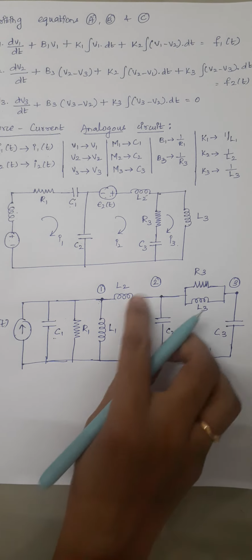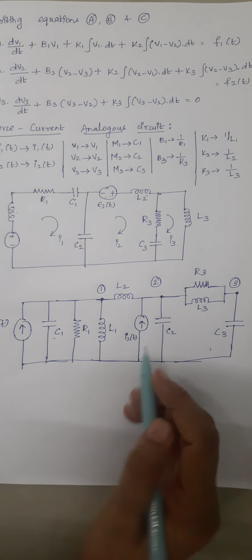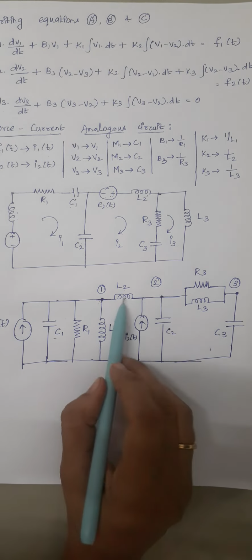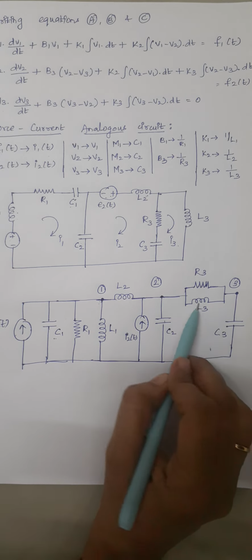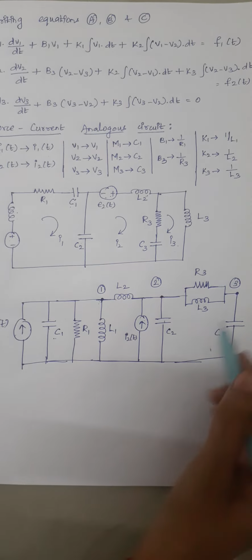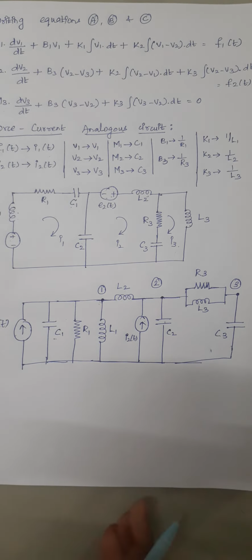So 1, 1, 2, 3, 4, and here this one also. Okay, this is common for your node 1 and node 2. So 1, 2, 3, 4 and 5. And to this loop 3 we are having 3 elements. So 3 elements should get connected. That is 1, 2 and 3, which are connected to your node 3.